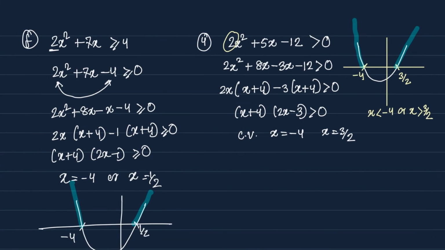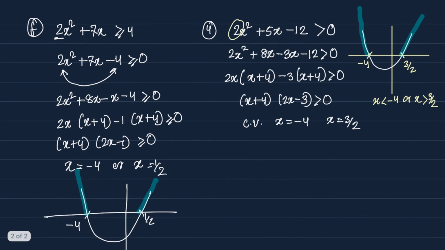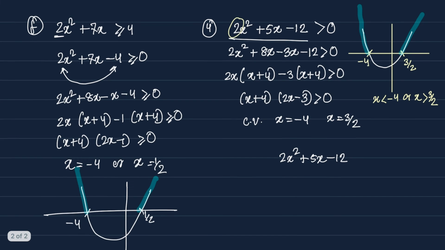2x squared plus 5x minus 12, we have to complete its square. Let's complete the square in the usual format.